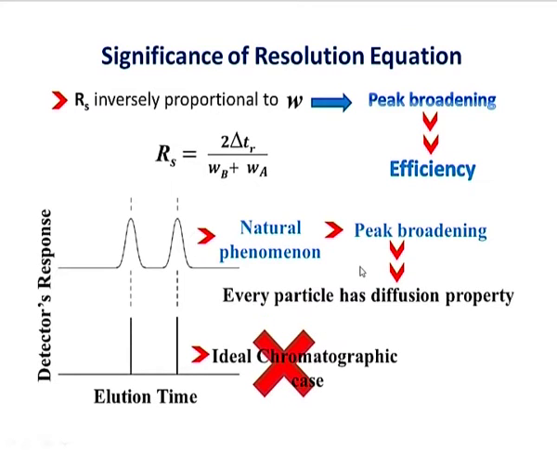What it shows is that if there is a solute plug in a moving liquid, as time progresses, some of the particles in that solute plug will start to move ahead and some will start to lag behind. That is the phenomenon of laminar flow, and based upon that phenomenon, which has to do with the diffusion properties of the solute, peak broadening would always occur.